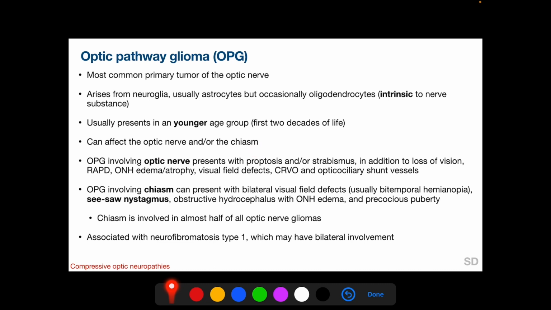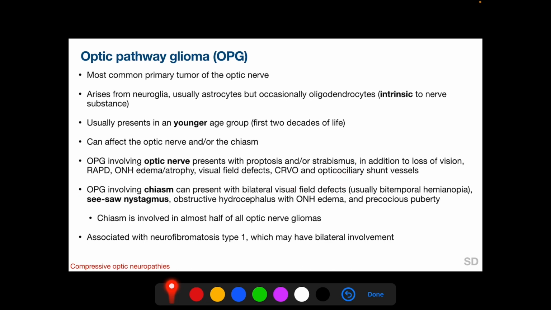OPGs involving the optic nerve present with orbital signs of proptosis and/or strabismus, in addition to optic nerve signs of loss of vision, RAPD, ONH edema and atrophy, visual field defects, CRVO, and opticociliary shunt vessels.